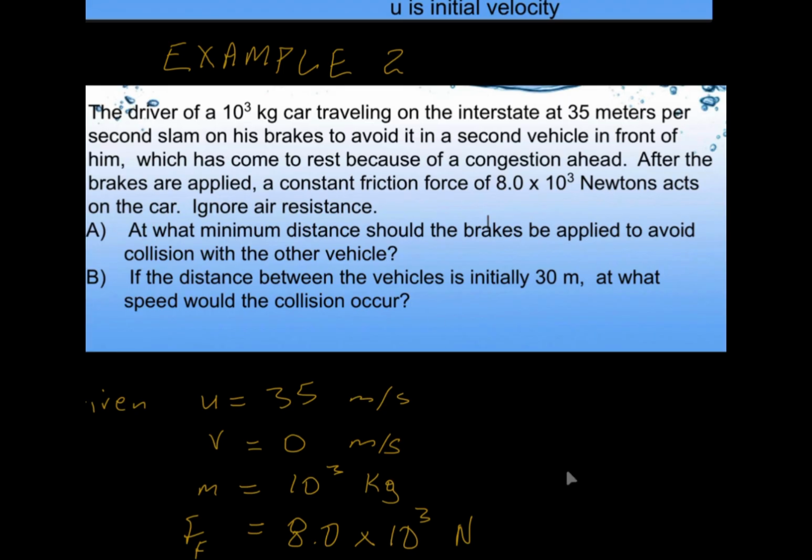And the frictional force is given as 8 times 10 to the third newtons. So note that frictional force moves in the opposite direction to the motion of the vehicle, so it will move in a negative direction.